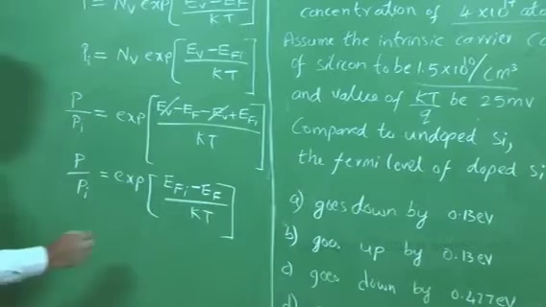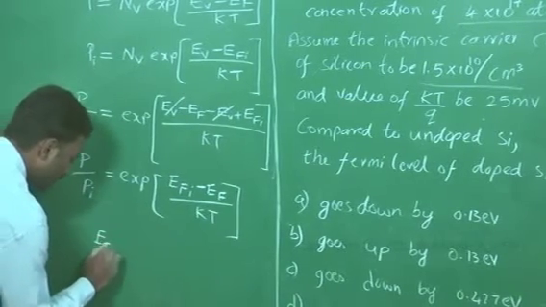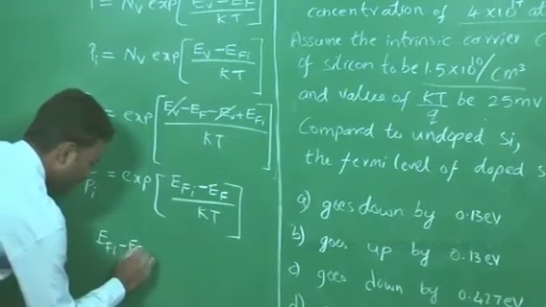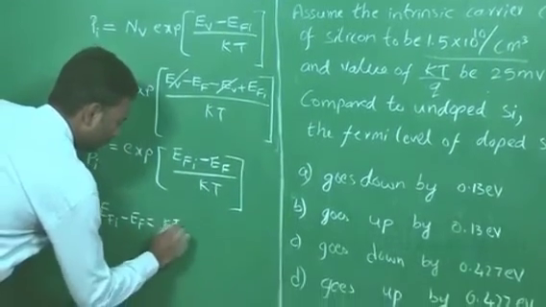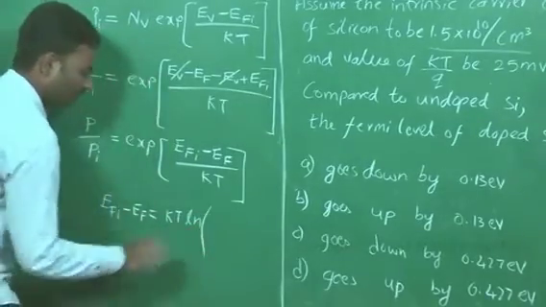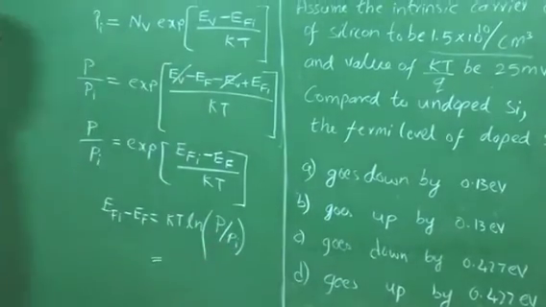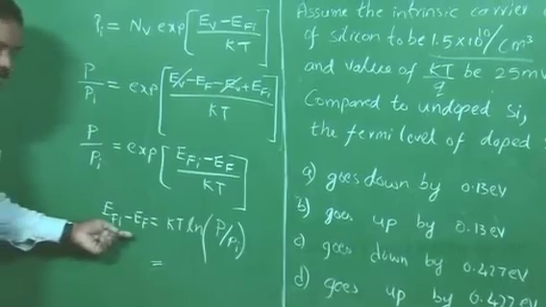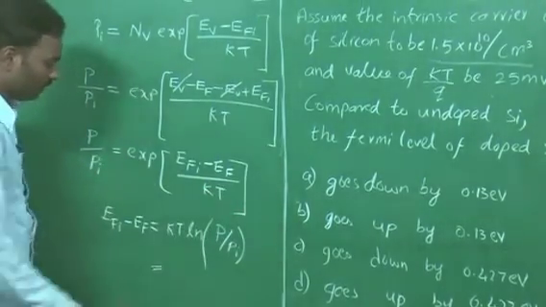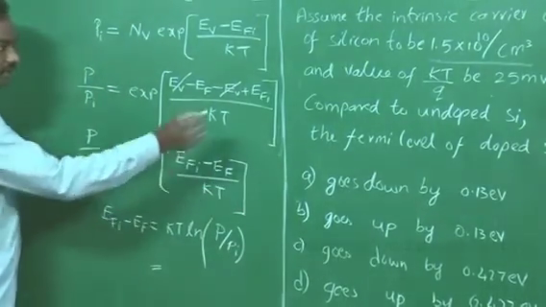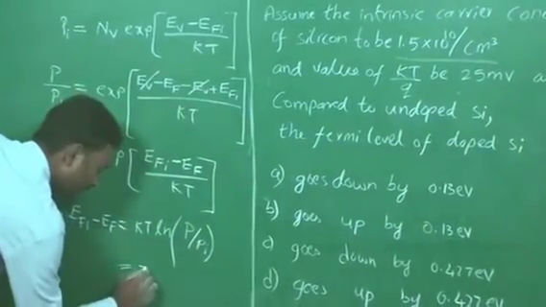Taking logarithm on both sides, we can write Efi − Ef equals kT times natural logarithm of P divided by Pi. As we have to find the difference in Fermi level in electron volts, we take the value of kT in electron volts, that is 25 milli electron volts.